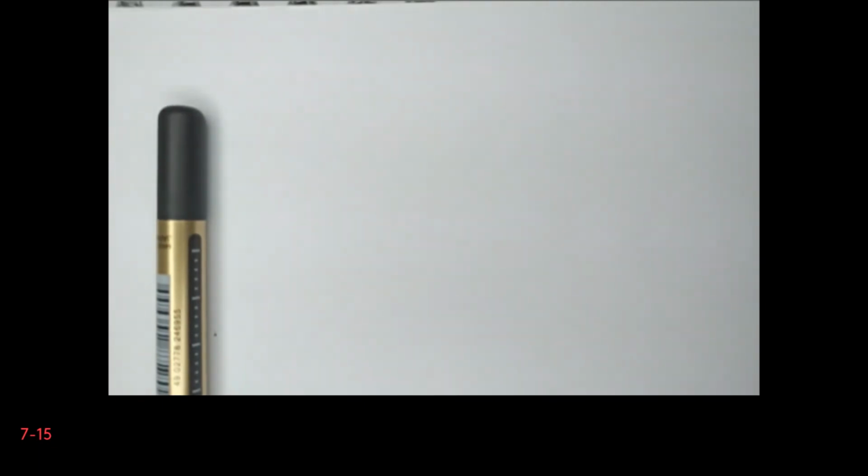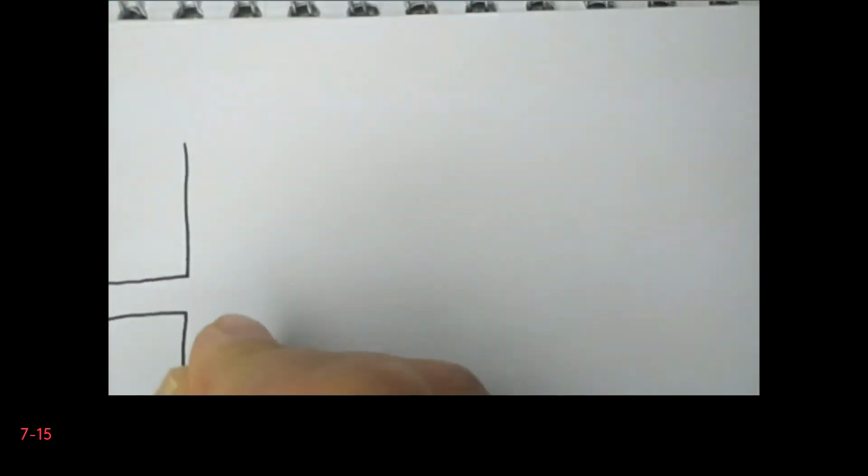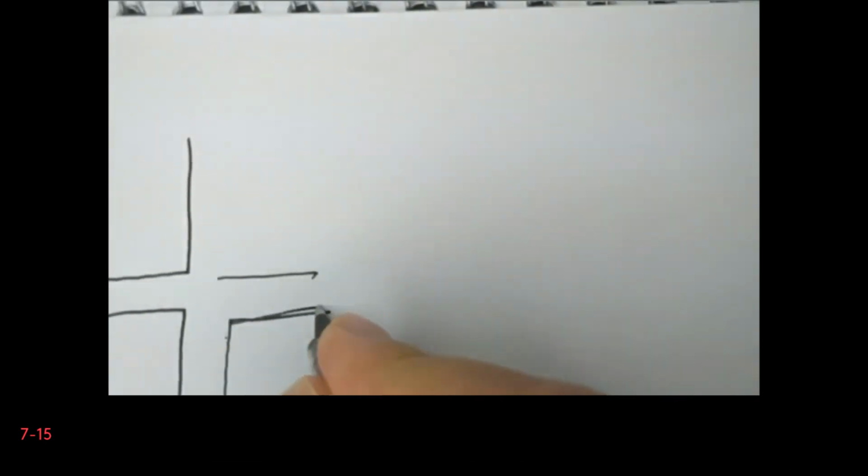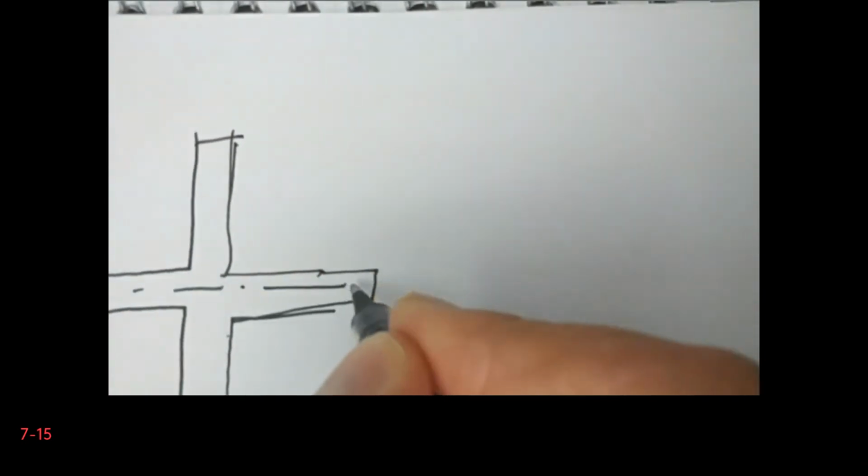In fact, it is better to draw the cross section once more, maybe. So this is our cross section. It is symmetric in both vertical and horizontal axis.